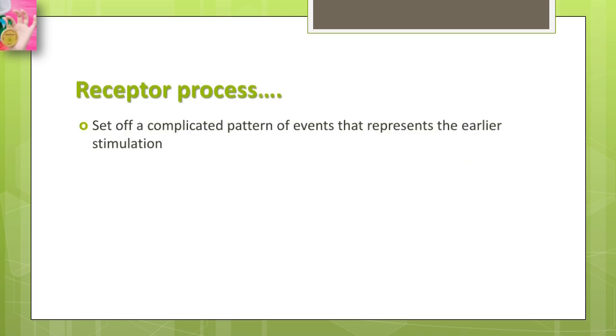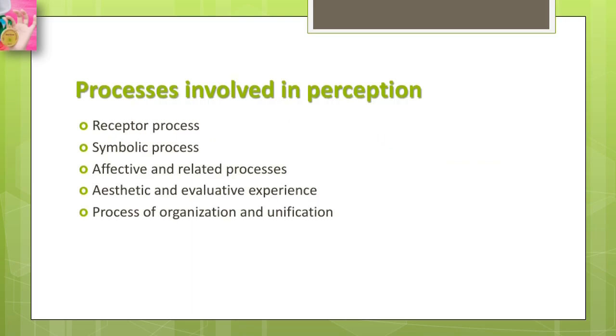So the receptor process does not only involve receiving and transducing the stimulus, but also a set of complicated patterns of events that represent the earlier stimulation. Now there are some other processes which are also involved in perception.